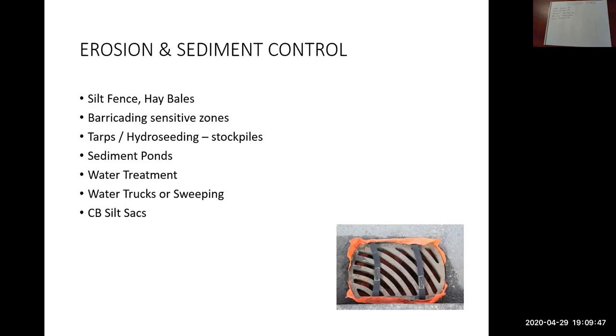Water truck, sweeping. If you have dump trucks hauling on and off site, they're typically tracking dirt or silt and sediment onto the existing paved roads of the city that you're working in. So you have to frequently clean the roads. That doesn't mean get out the fire hose and wash all the dirt down the storm drains. That means pick it up.